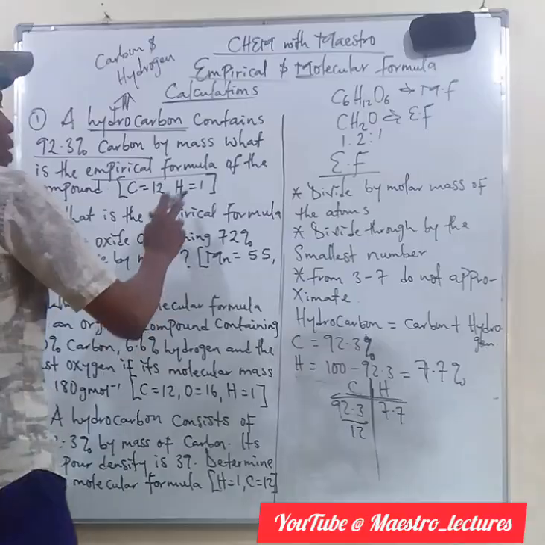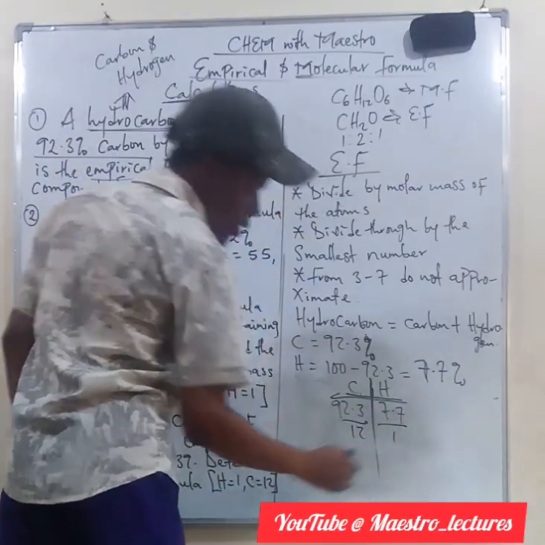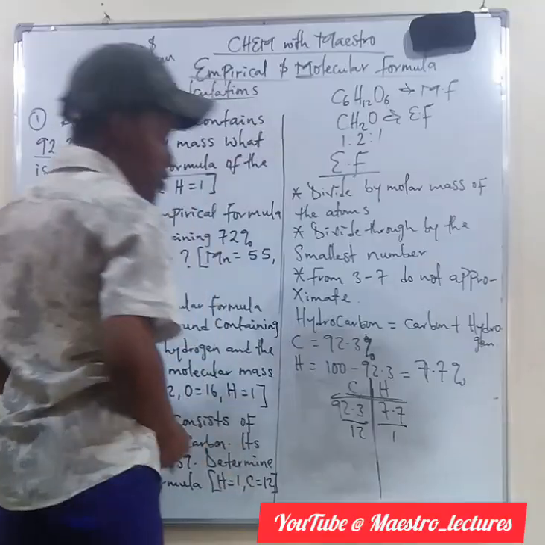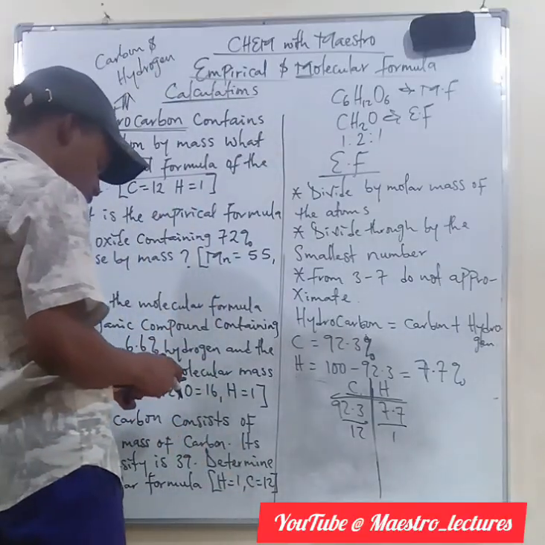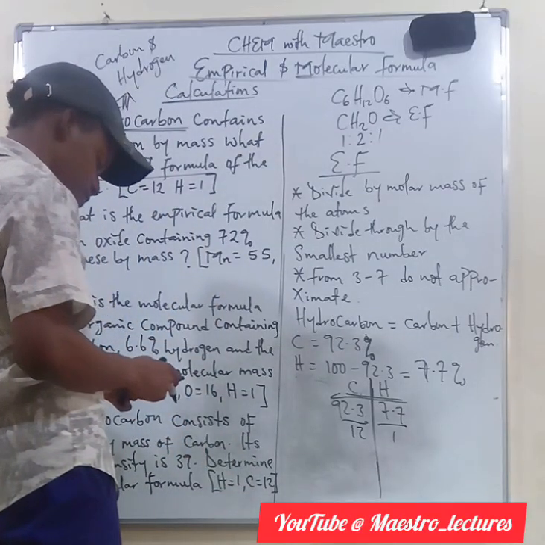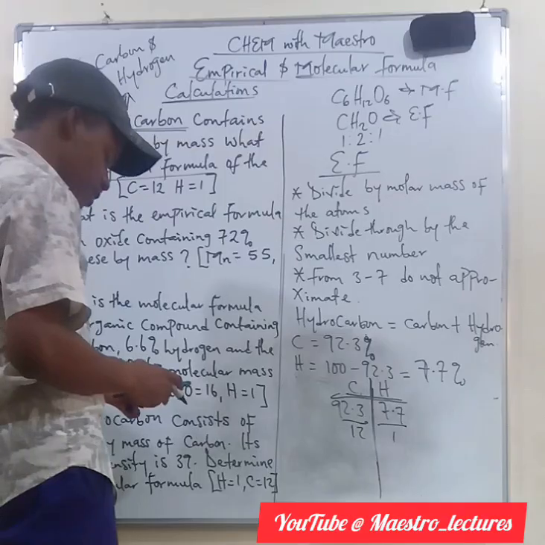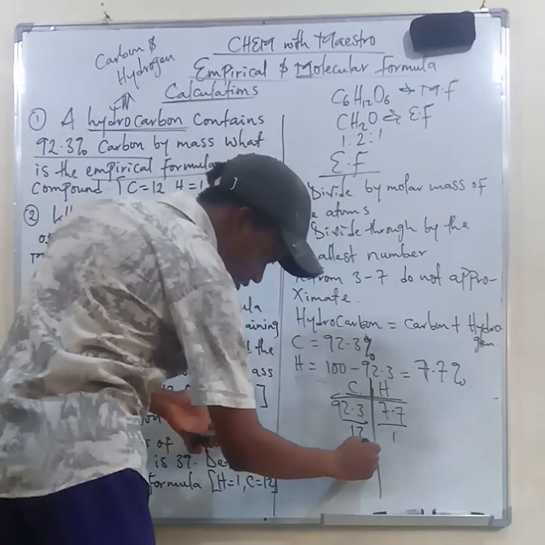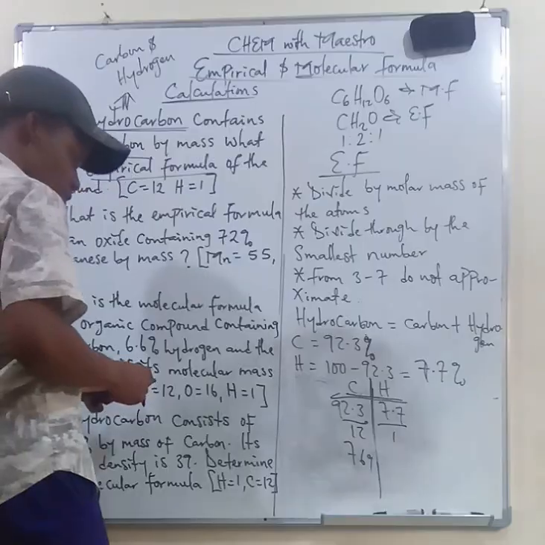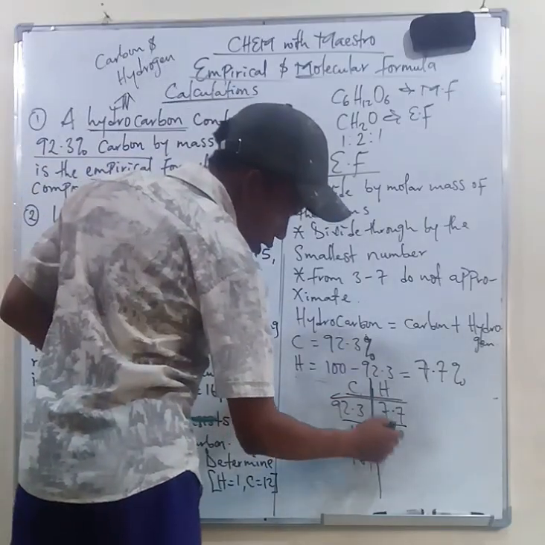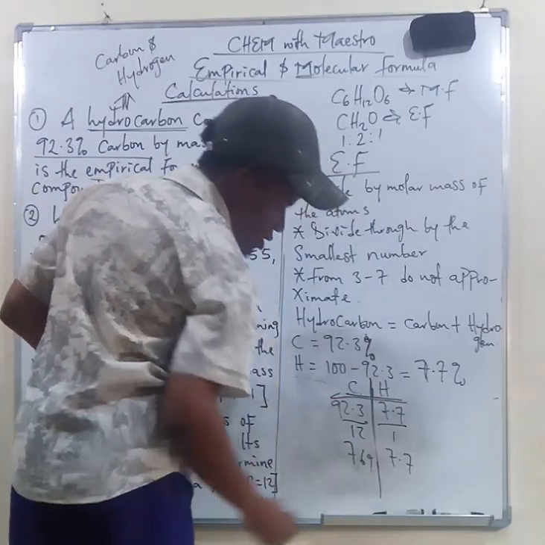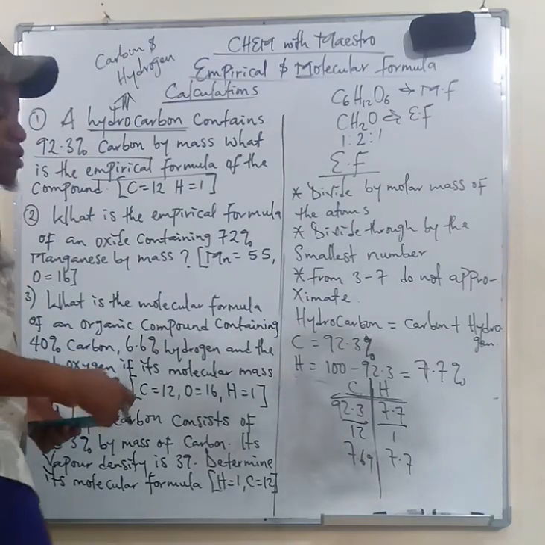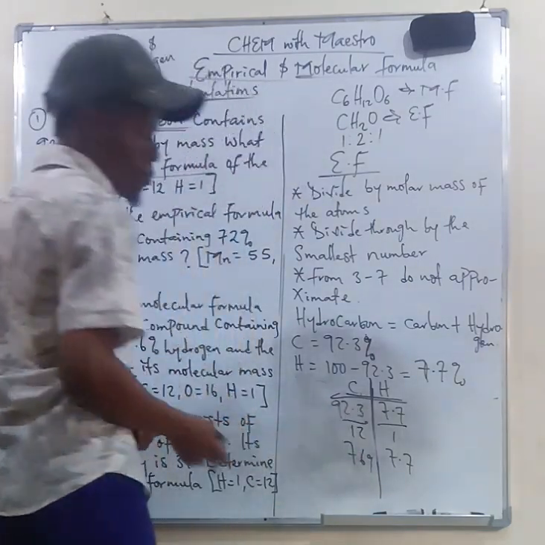What's the molar mass for hydrogen? 1. So divide by 1. So 92.3 divided by 12, you're going to have 7.69. Then 7.7 divided by 1, you have 7.7. 7.69 is similar to 7.7, so if you approximate, you get 7.7.